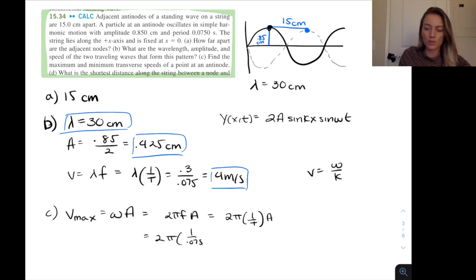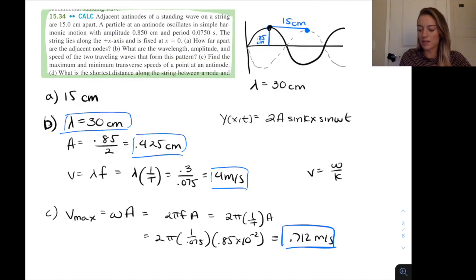And then the amplitude is the full amplitude here, right? Because this particle is undergoing simple harmonic motion with that full 0.85 centimeters amplitude. So that will be 0.85 times 10 to the negative 2, and that will give us 0.712 meters per second.